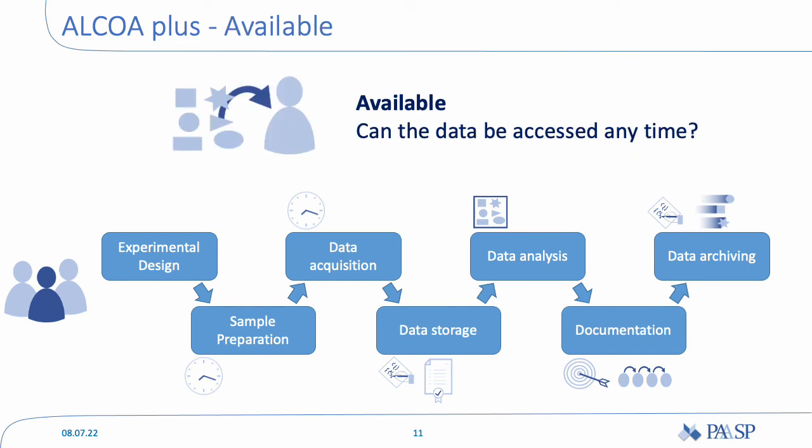This brings us to the last item of the ALCOAplus principles, which is about the availability of data. Data need to be kept in a format that can be accessed for review over the lifetime of the record. For example, raw data presented in a graph within a publication should always be available. This can be tricky, especially in the context of different file formats, or also physical storage media.